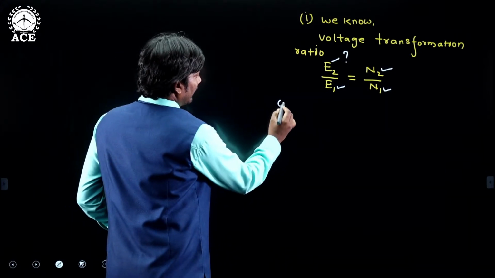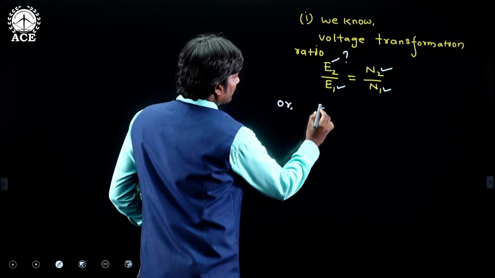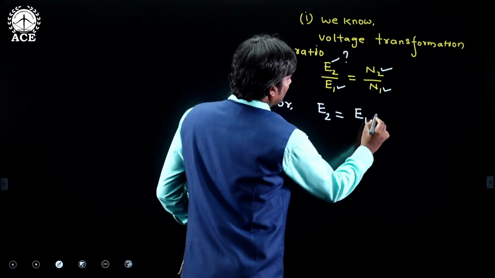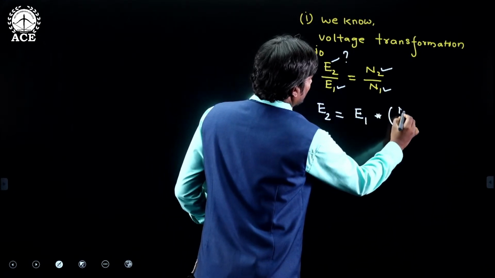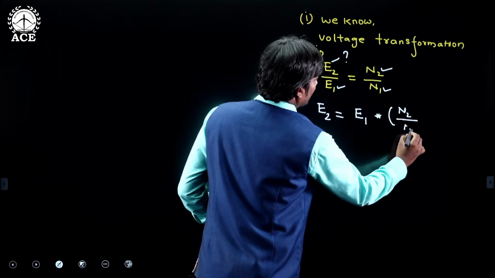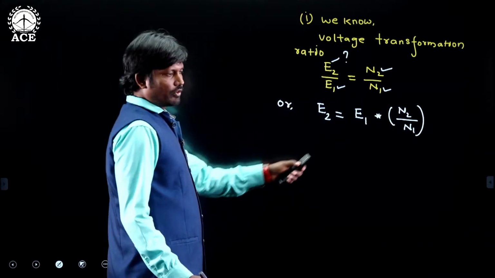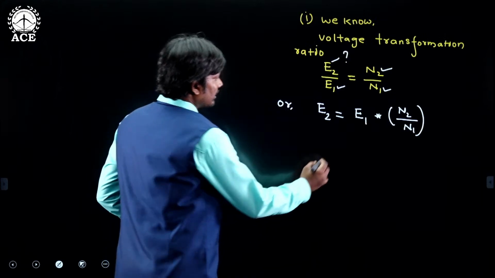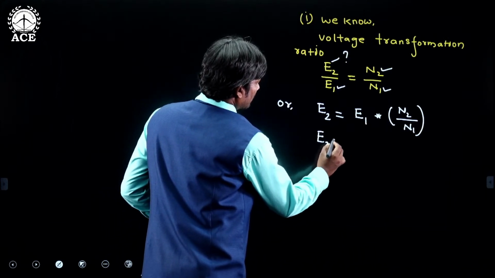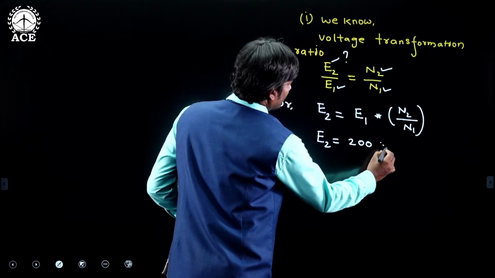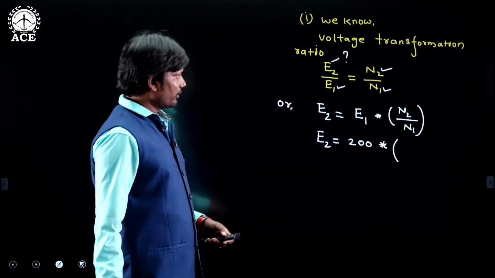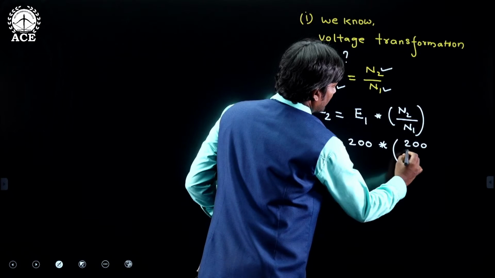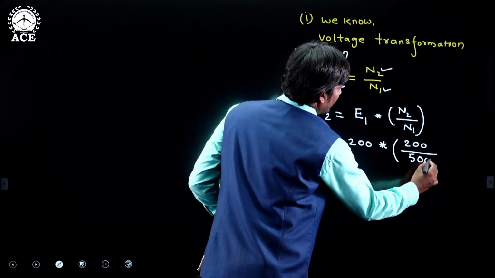Now E2 is equal to E1 into N2 by N1. Substitute these values. E1 is given as 200, N2 is 200, and N1 is 500.